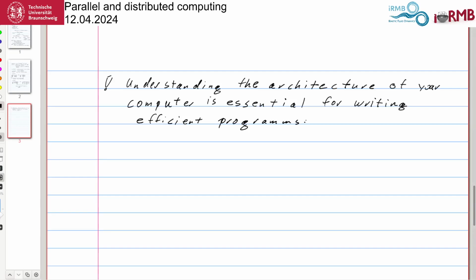So let's consider an example. For example, we have to deal with caches a lot nowadays, and this is in relation to what I said last time about the increase in compute power.